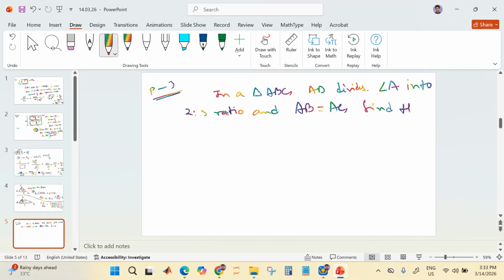Find the ratio of BD and DC. Try it yourself, then I will show you.